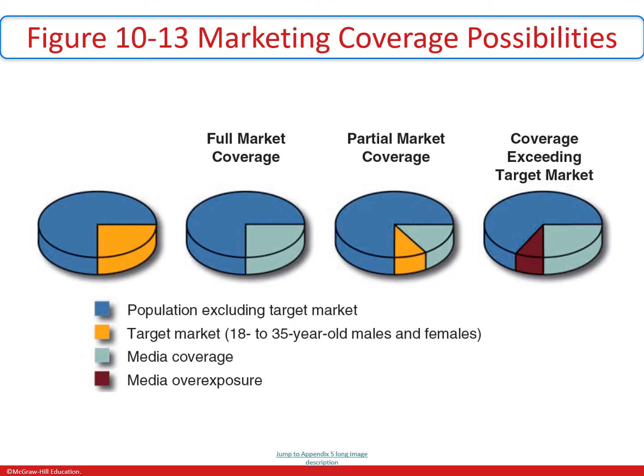And as we see here, on the extreme left, this is the entire population excluding target market, which is blue. Then you have the target market, which is in yellow. The media coverage is in the light blue or teal if you want. And the media overexposure is going to be the garnet or burgundy.